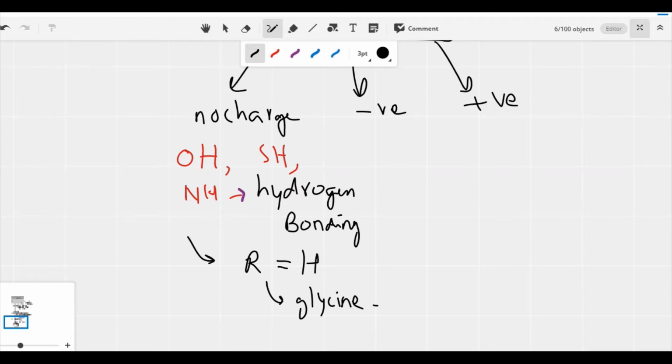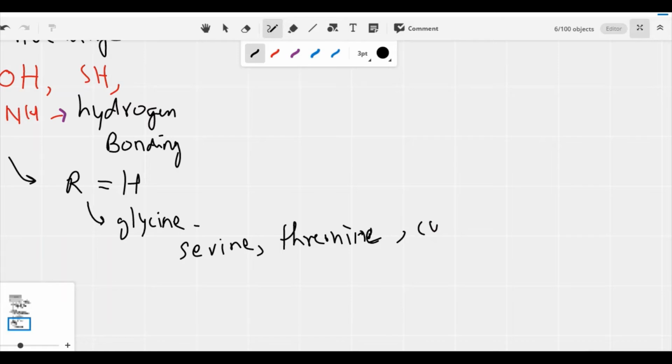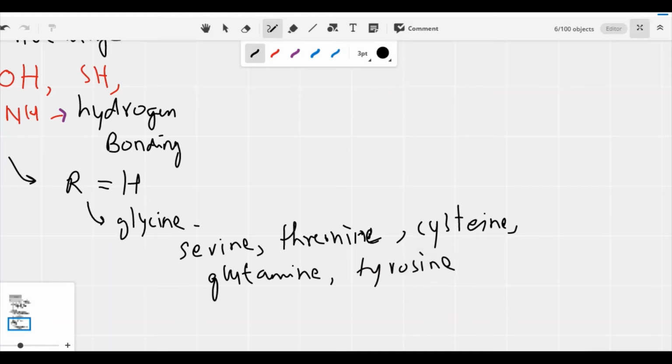The amino acids in this group are glycine, as I wrote, then serine, threonine, cysteine, glutamine, tyrosine and asparagine.